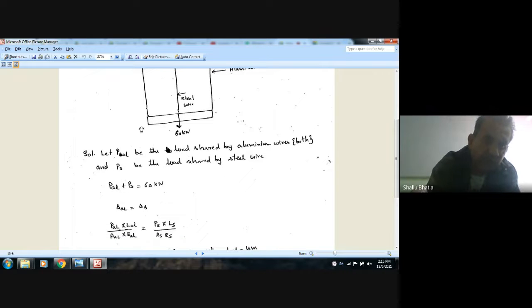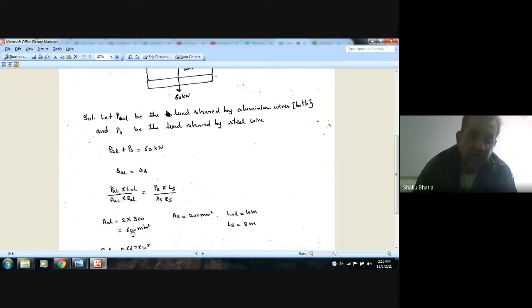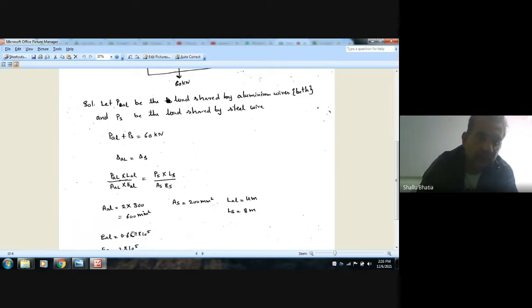Now understand that the change in length in the three bars will be the same. So the change in length of aluminum divided by the change in length of steel will be the same. So PAL is PA times LA by AA times EA, and PS times LS by AS times ES. As we are taking two wires combined for aluminum, the area will be 2 times 300.